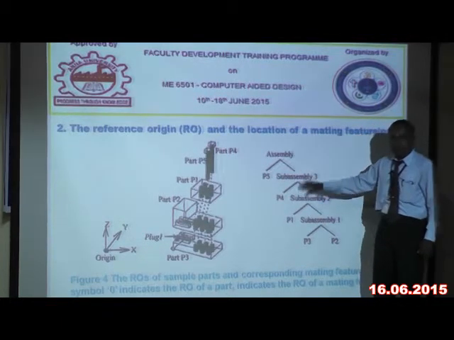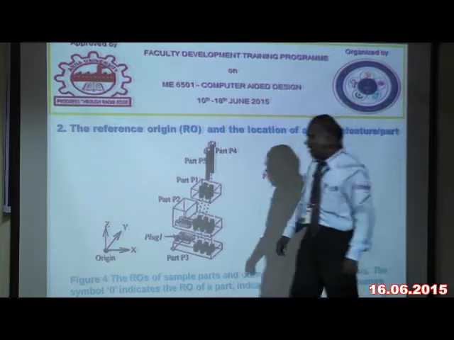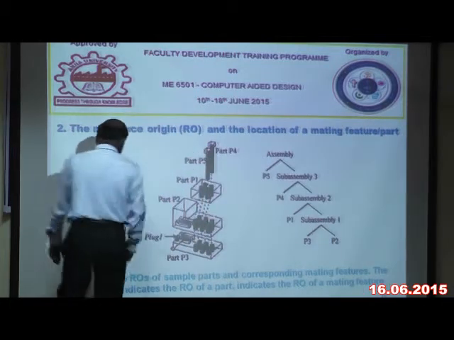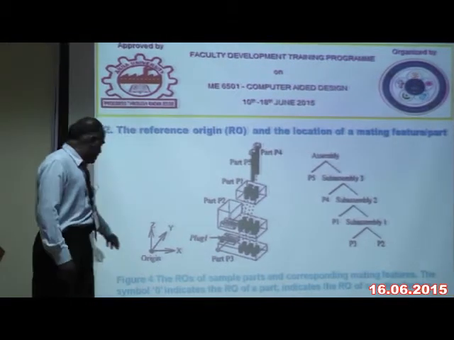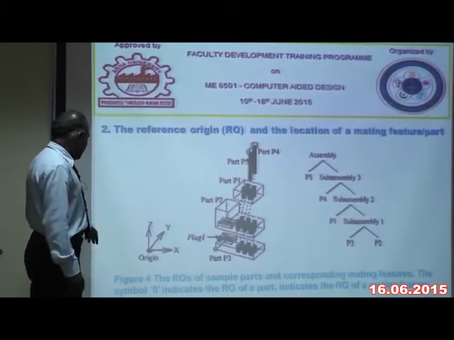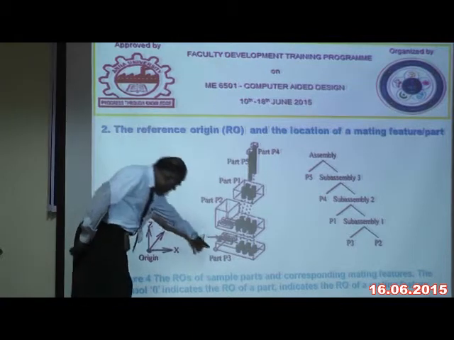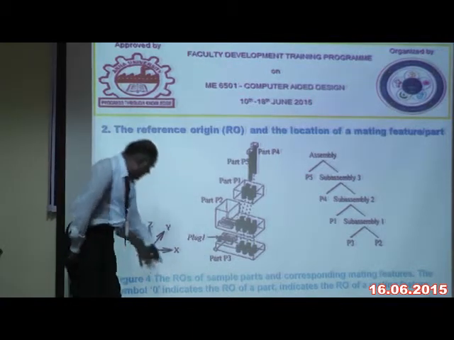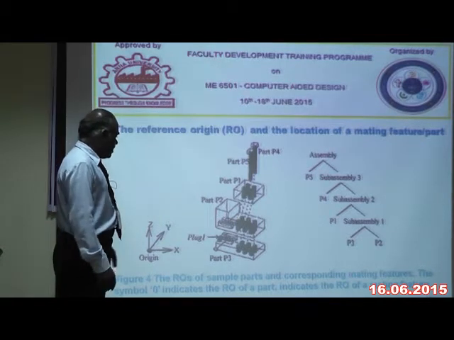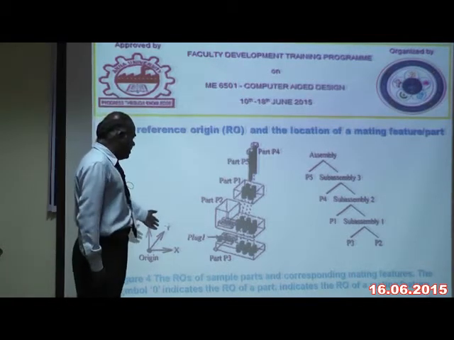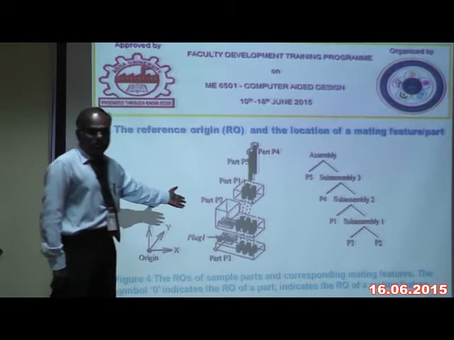Sub-assemblies: some sequencing is needed for assembling the drawing in the space objects. Here the zeros, the points, indicate the reference origin, and also the reference origin for the mating features.